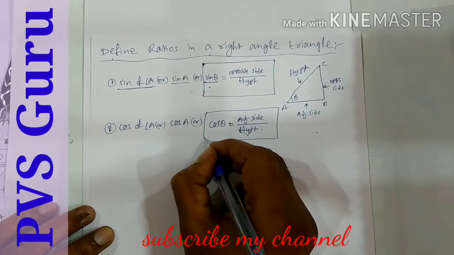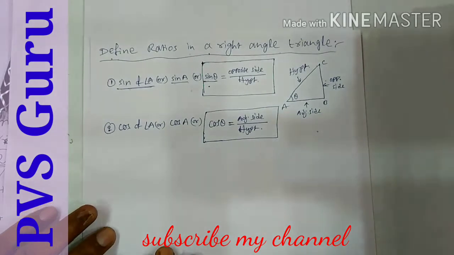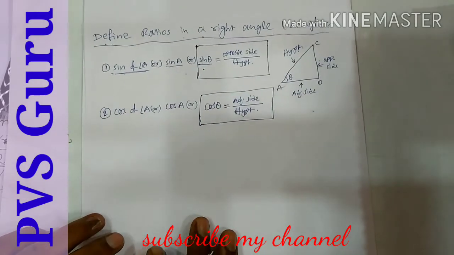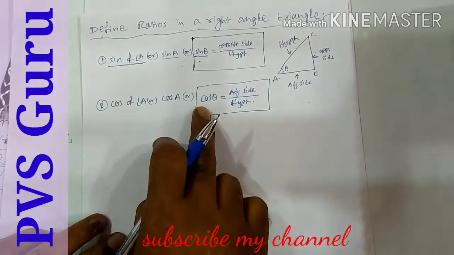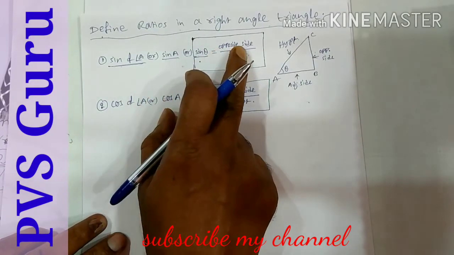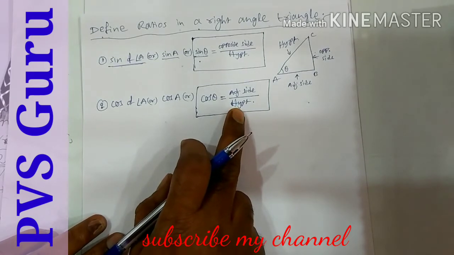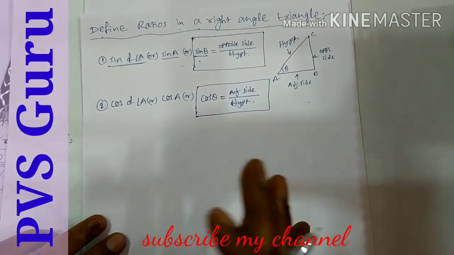So these two are the primary basic or fundamental formulas in these 6 trigonometrical ratios. The remaining 4 ratios we can easily do. So these two you must and should remember. Sin theta means opposite side by hypotenuse, cos theta means adjacent side by hypotenuse. Don't remember as AB by BC, BC by AC.